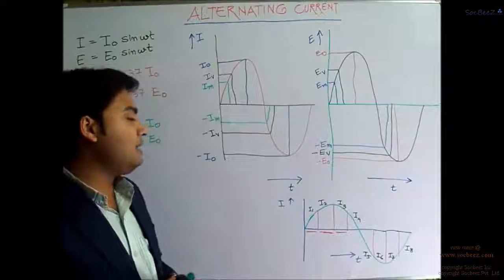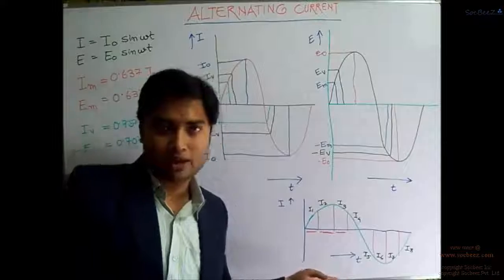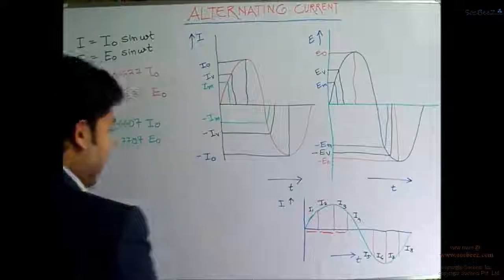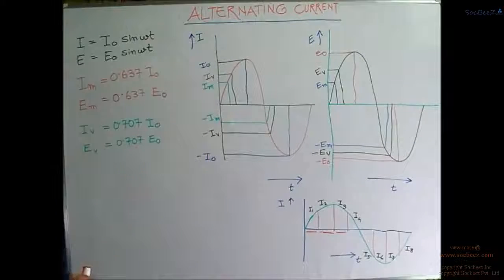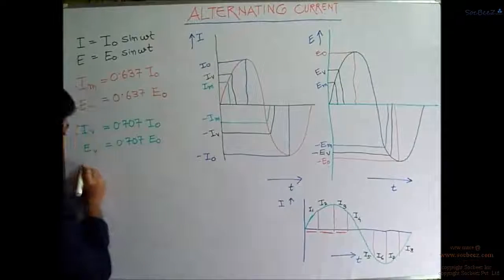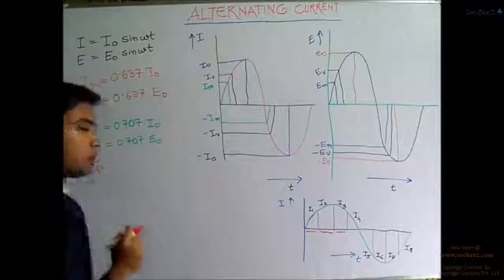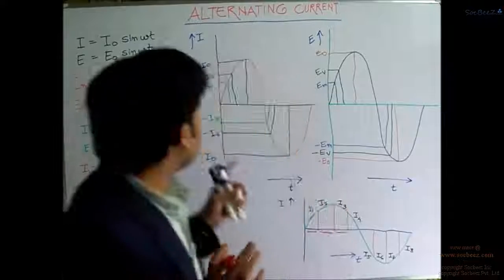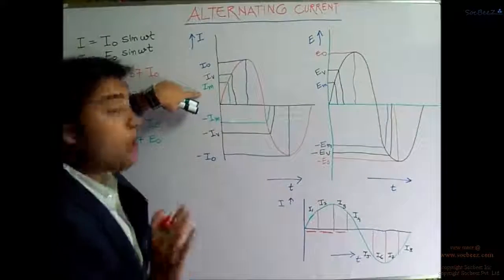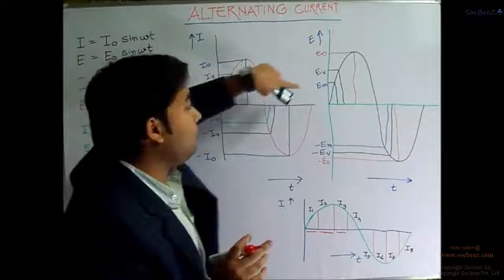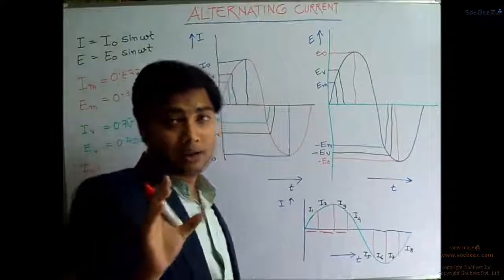And we have divided this time into 8 parts as well. So the mean value of the current will come out to be IM. We are now going to represent what the mean value of an alternating current or the mean value of an alternating EMF actually represents, right?